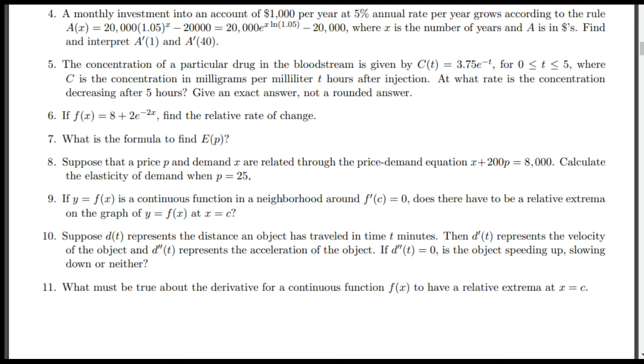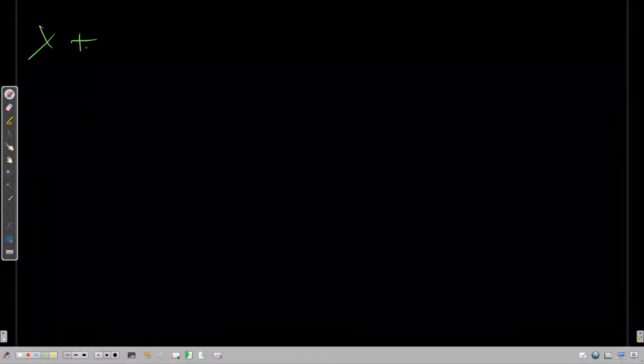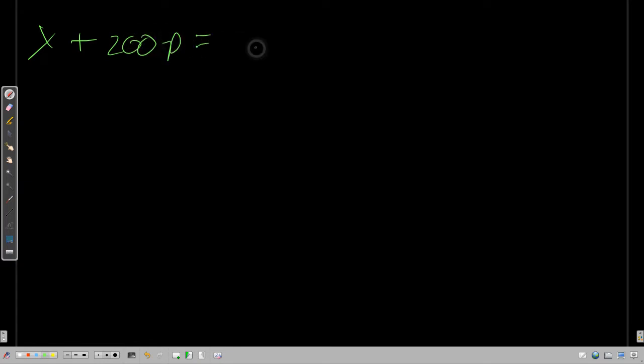So let's just write down that price-demand equation. It's x plus 200P is equal to 8,000. Okay, super. To have this become a D of P, a function of P, I should solve it for x. So x would be 8,000 minus 200P.